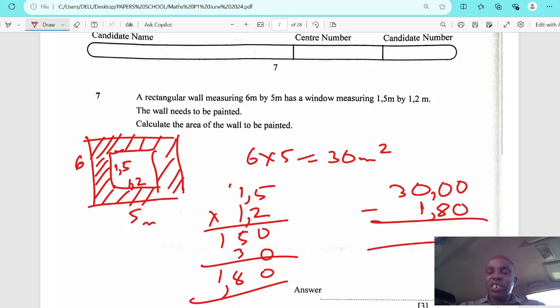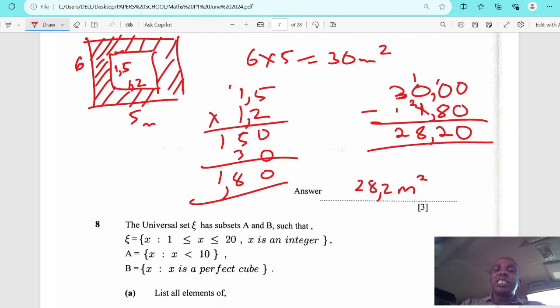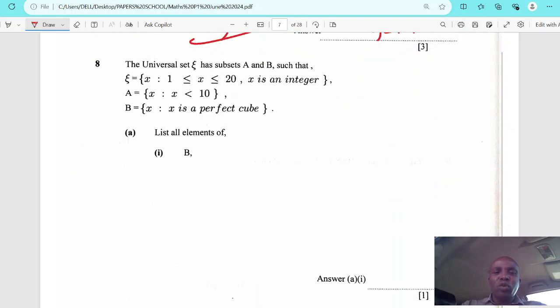That's on subtraction. 10 minus 8 is 2, then 0 minus 2, it can't, you borrow 10, then it's 8 here, then it's 28.2. Units, please. Don't forget to put units.